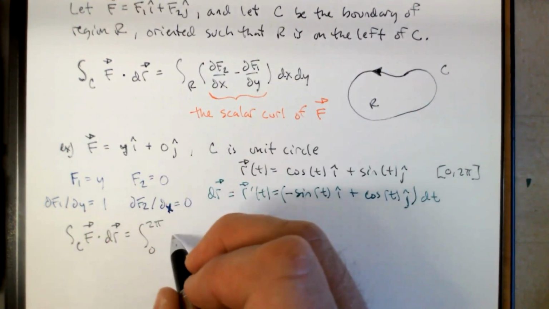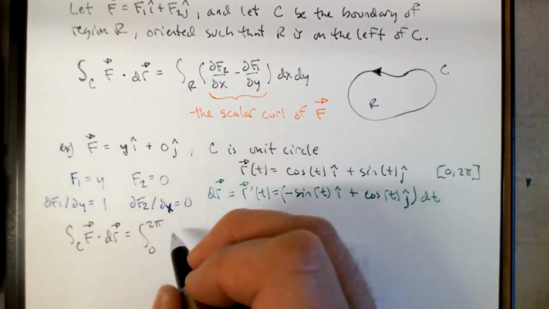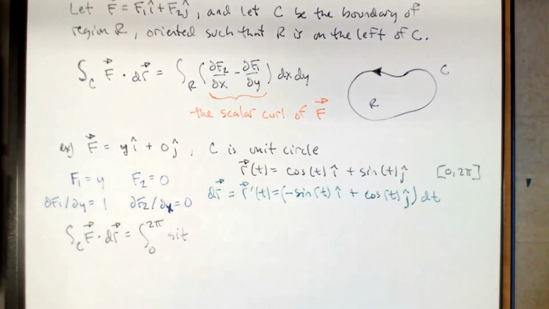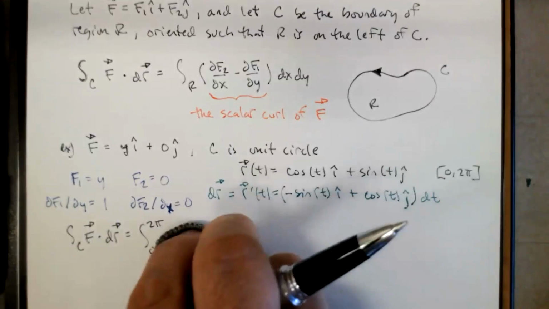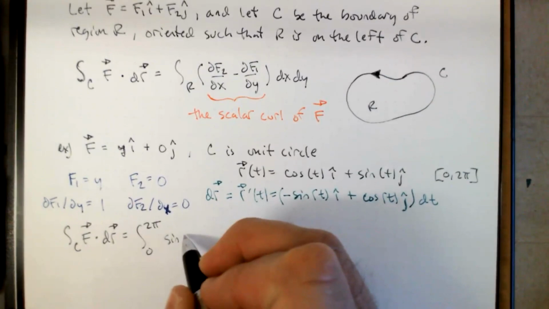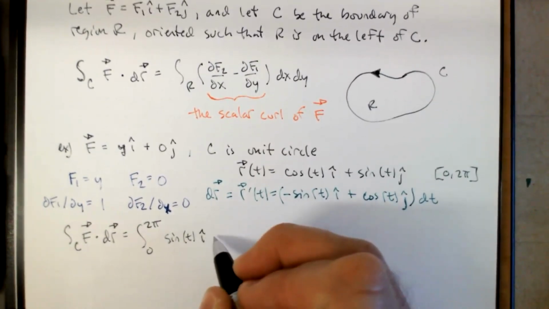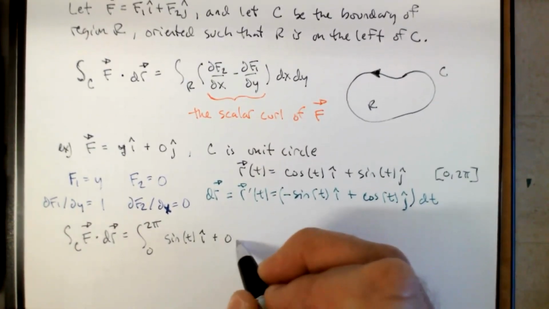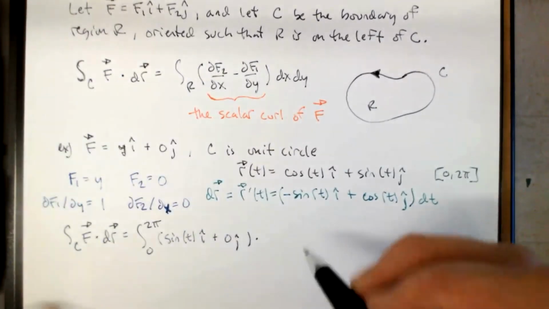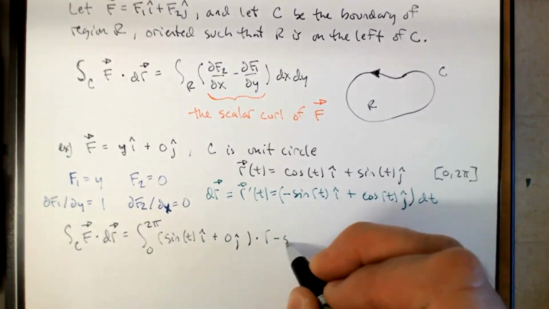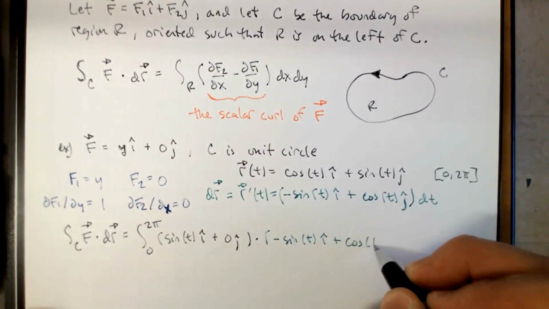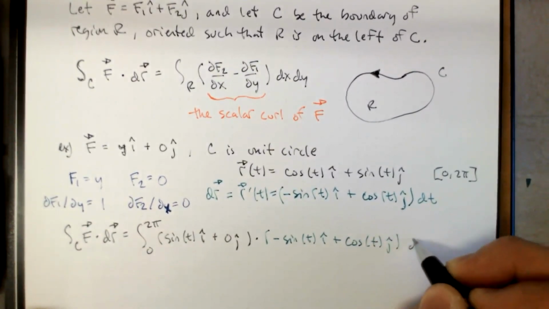So F at r of t looks like sine t i plus 0 j, dot dr, which is minus sine t i plus cosine t j, dt.